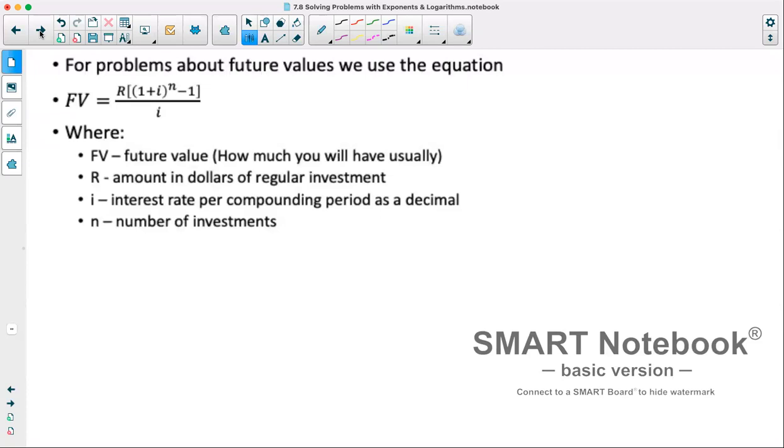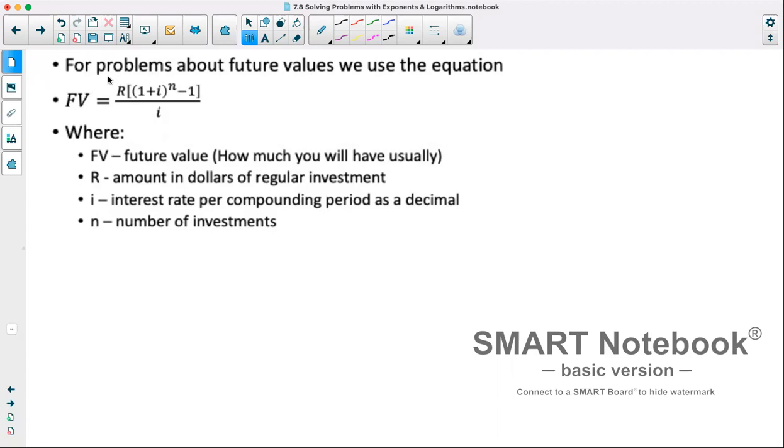For problems about future values, we use the equation FV is equal to R[(1 + i)^n - 1] over i, where FV is the future value, so how much you will end up with. R is the regular payments that you're making.